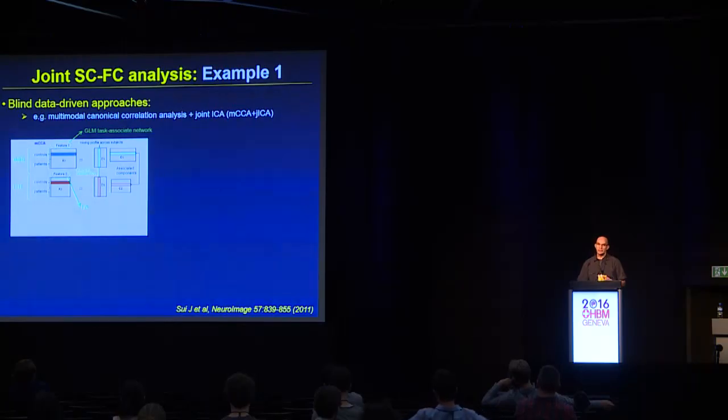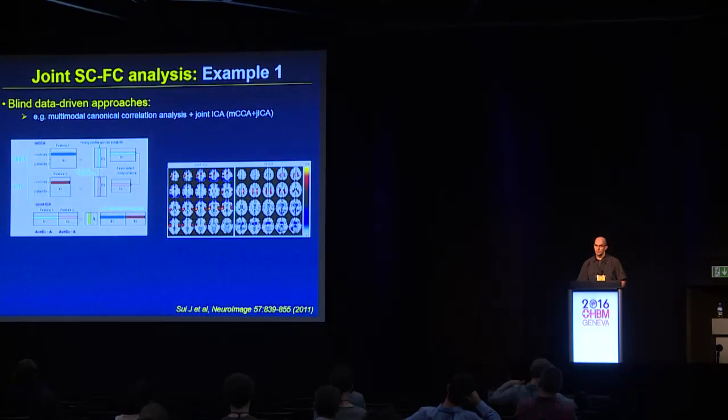For the diffusion data, they typically use either the fractional anisotropy or, let's say, the axial diffusivity or the ADC map, one feature of the DTI data, the tensor. And then once you get your components from the MCCA analysis, you put them together and you follow that with a joint ICA analysis. So you get a set of spatial and functional components that are related to each other. So for example, in this study in NeuroImage, this is one of the components that they found.